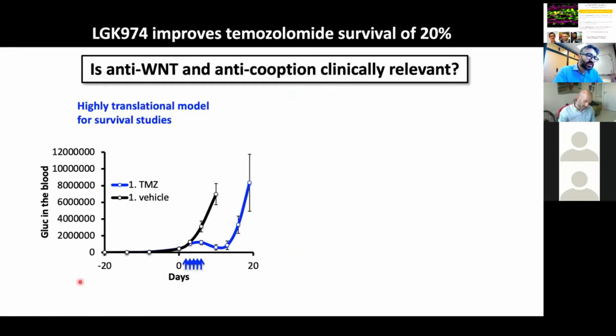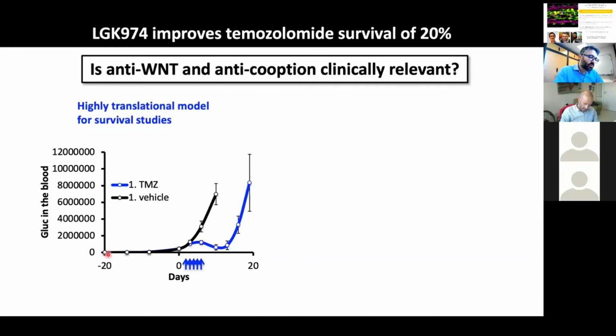But we injected very, very few cells in order to allow the cells to really use the surrounding microenvironment to spread and to slowly grow. Obviously, this is expensive and time-consuming, but this was very important.